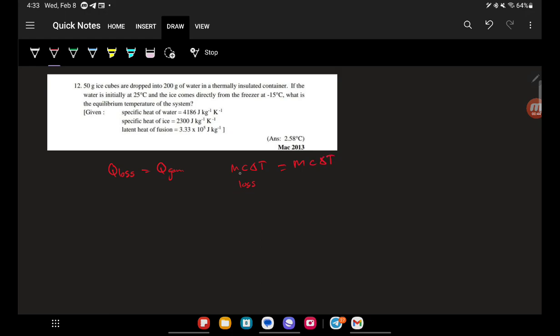So what I mean by this is that, let's say this one is A, and A here. So this is B, and B. Then for the loss side, you're going to have M_A C_A. If I break it down, it can be T_A initial minus T_A final.